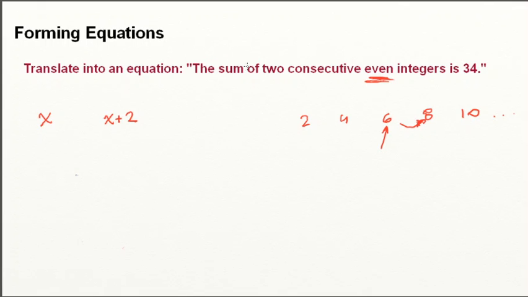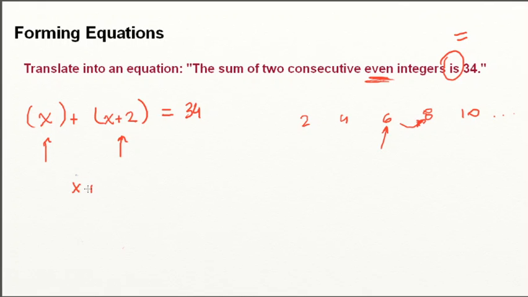So the sum of two consecutive even integers is 34. So the sum, right, we're adding the first and the second, is equal to 34. Now, if the question was just translate into an equation, that's it. However, we can solve it.